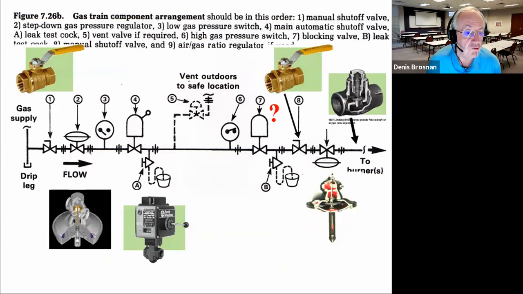Now, last time we also showed a lot of components, and I'm just repeating this slide for your use. We come from a gas supply, we come across a shutoff valve, typically a ball valve. And remember, we talked about you can look at this valve and tell if it's aligned with the piping, the valve is open. If it's 90 degrees to the piping, the valve is typically closed. So that's something you can do with your eyes to see what's going on. We have the main pressure regulator. We have low and high pressure sensors in the system.